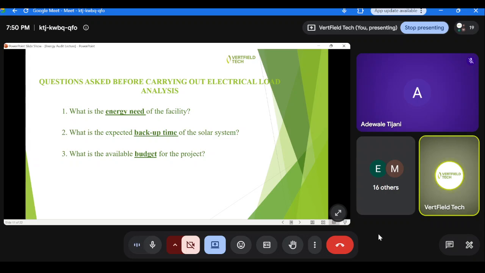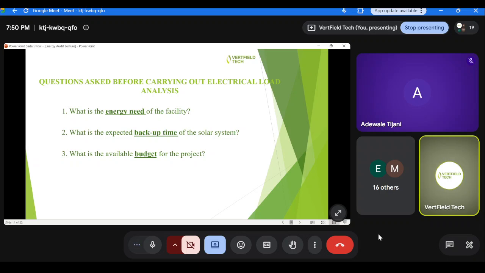At that point, you can ask the client, okay, what do you intend to power up using the solar system? The client can then say he wants to power up his fan, his laptop, his freezer, his bulbs, and every other thing.